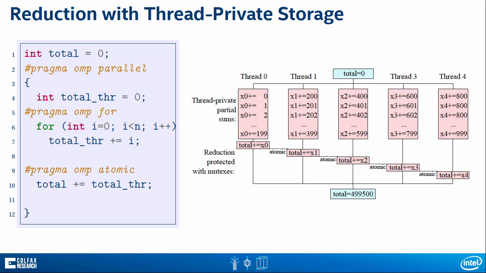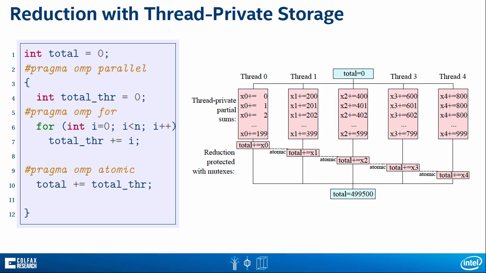For the partial sum, I use total_thr, and after the loop ends, I reduce partial sums into the total container. Remember that every thread is going to run this line of code, and I protect it with an atomic construct because it is a data race.